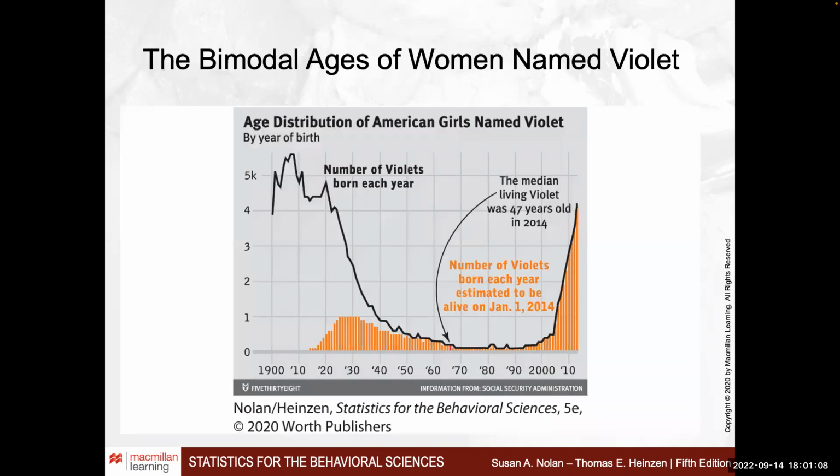For example, here you have a time series of the age distribution of American girls named Violet. Basically the number of Violets born each year was very high in earlier times, then it became a very unpopular name, and then it had a renaissance after 2014. So this is, for example, where you see a bimodal distribution.